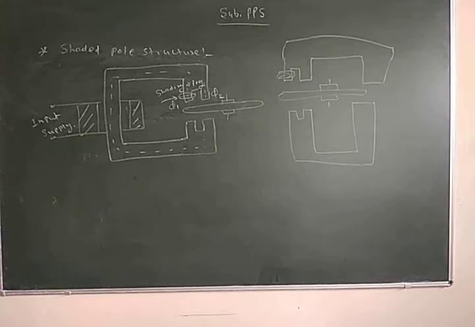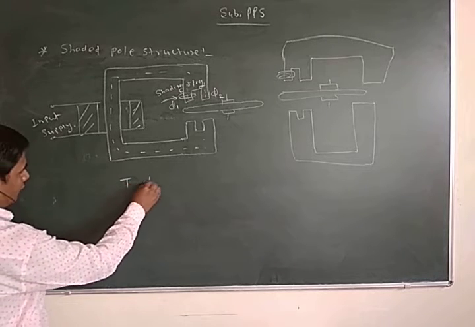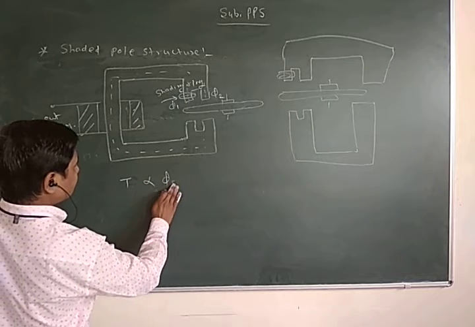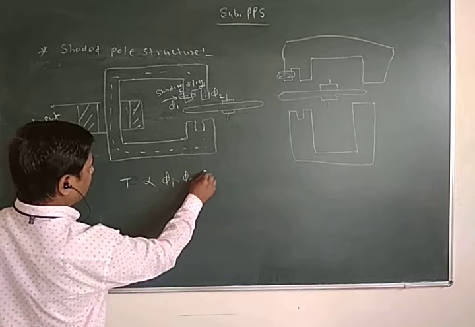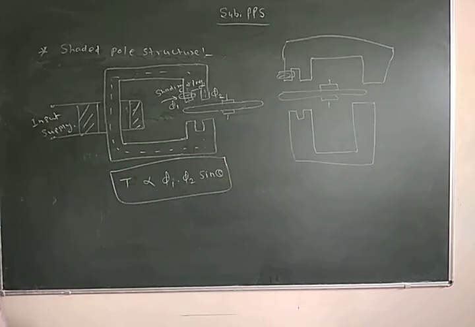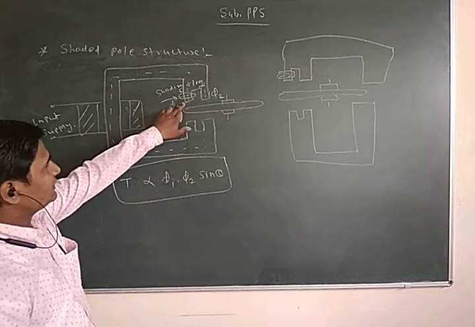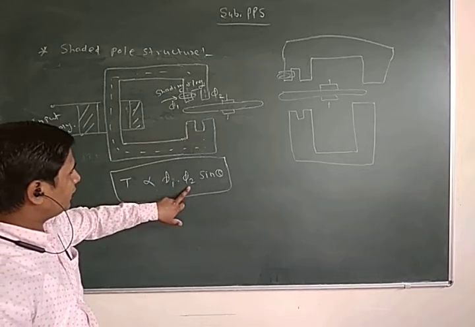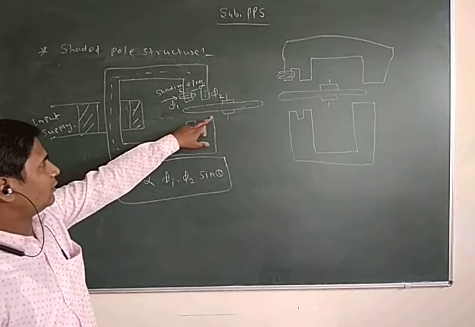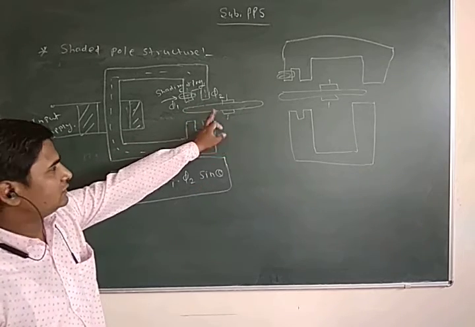So we can write torque on the rotor is directly proportional to phi 1 phi 2 sin theta. Phi 1 is flux in the shaded part and phi 2 is flux in the unshaded part. So due to this our rotor, the aluminum disc, starts rotating.